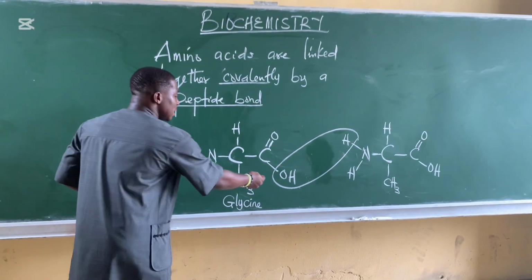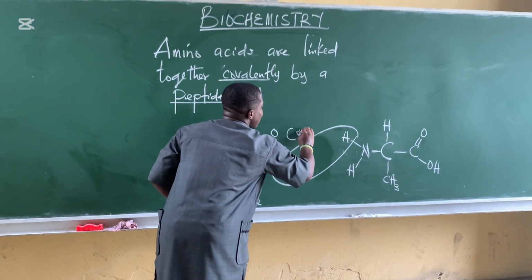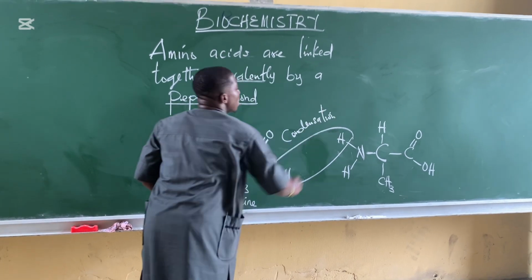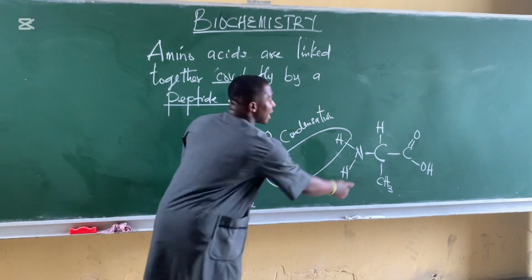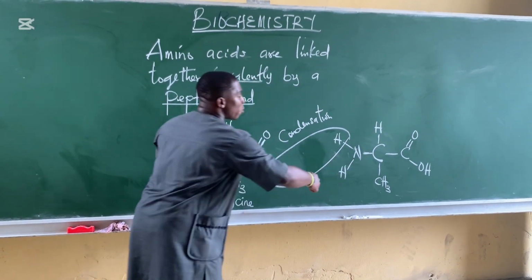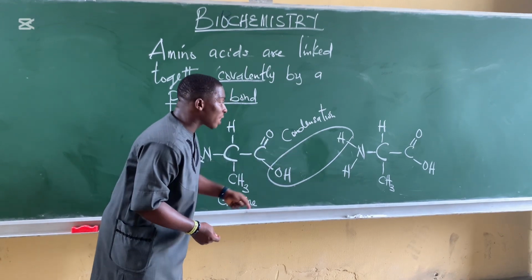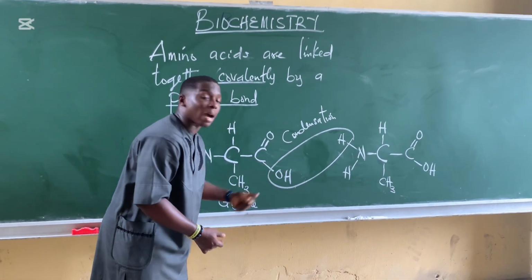Eliminating this OH and H, this type of reaction is called a condensation reaction. A condensation reaction between the alpha carboxylic group and the alpha amino group forms a peptide bond. When there is loss of water, you have a peptide bond formed between these 2 amino acids.